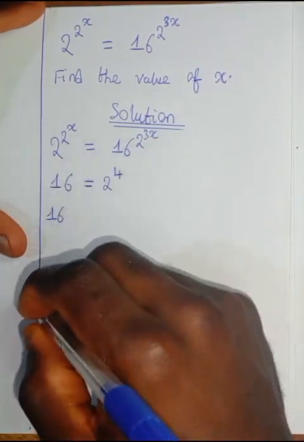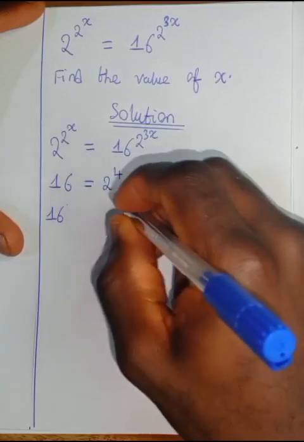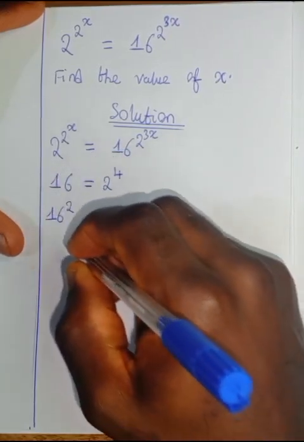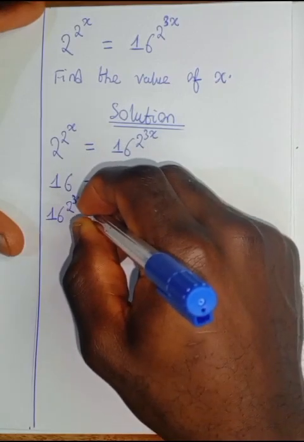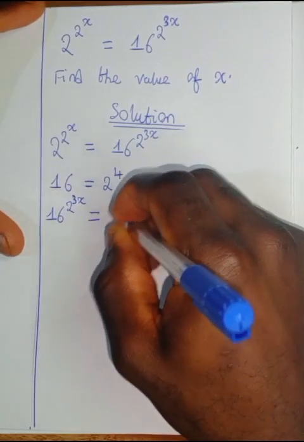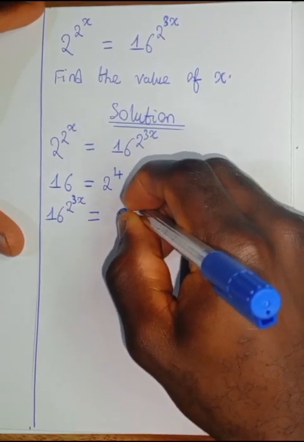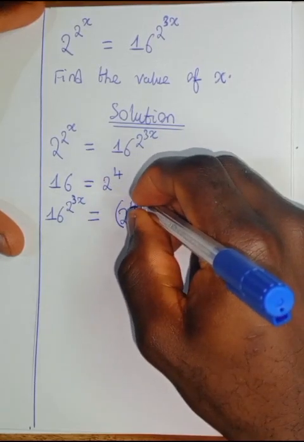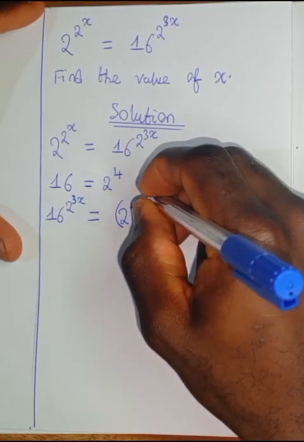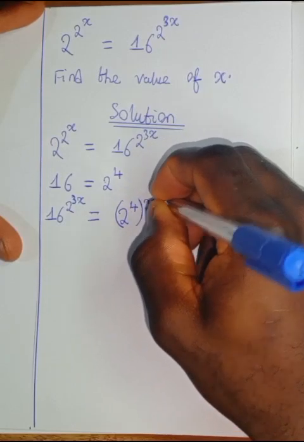Now, if we take 16 raised to the power 2 raised to the power 3x, it will simply be equal to 2 raised to the power 4, all this raised to the power 2 raised to the power 3x.